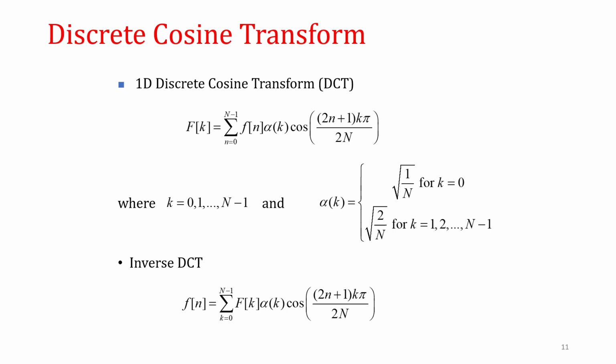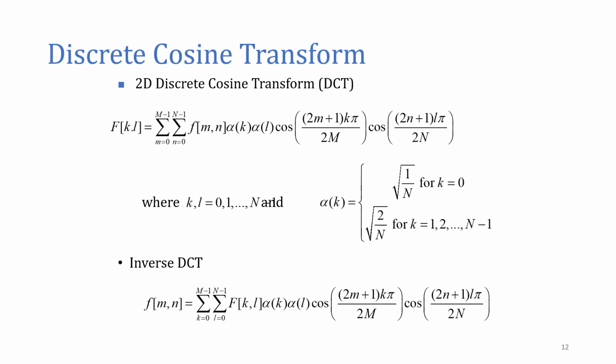Here k varies from 0 to N minus 1, and alpha k is root of 1 by N for k equal to 0 alone, and root of 2 by N for k equal to 1 to N minus 1. Same way, if I want to calculate the inverse DCT, the kernel term is (2n plus 1) k pi by 2N as it is. Here, inside the summation, f of n is changed to capital F of k.